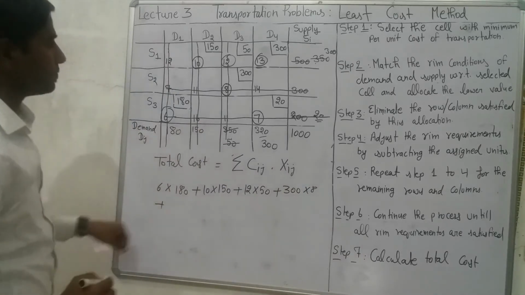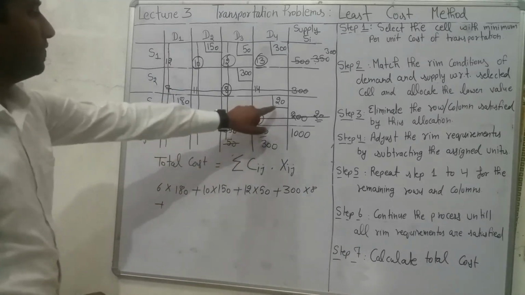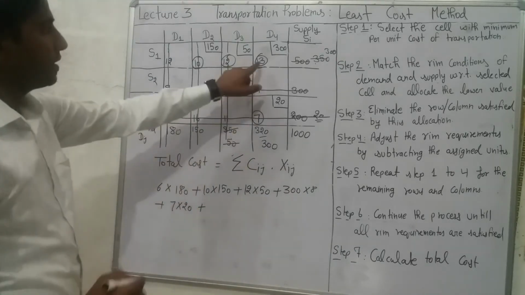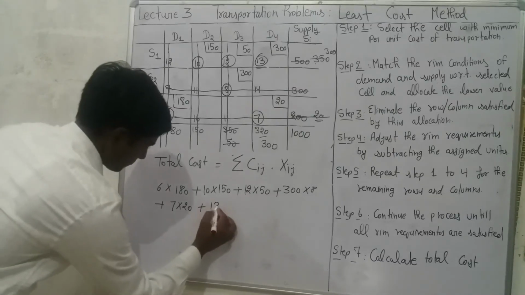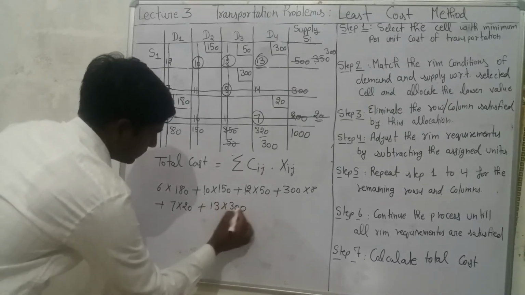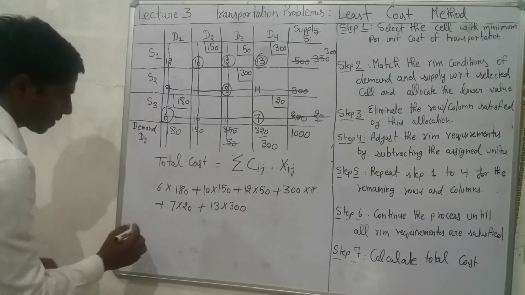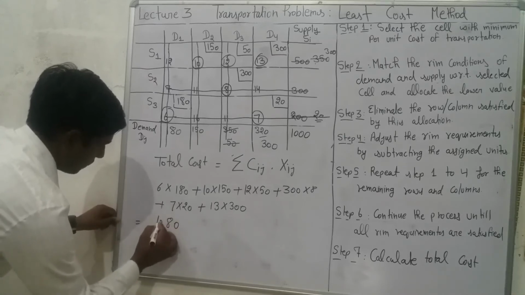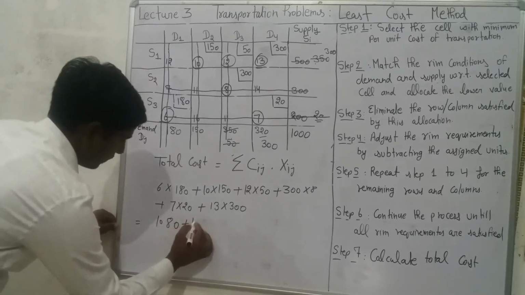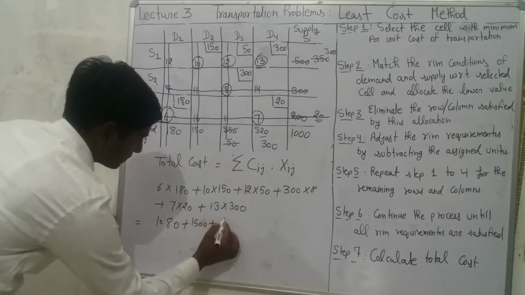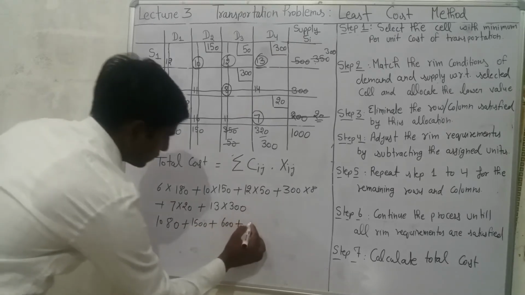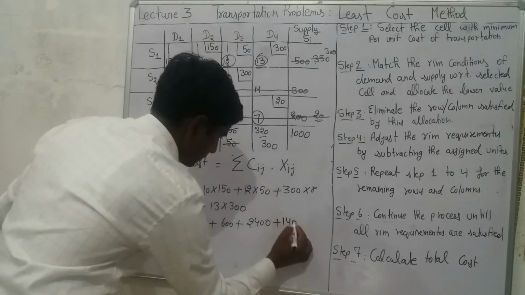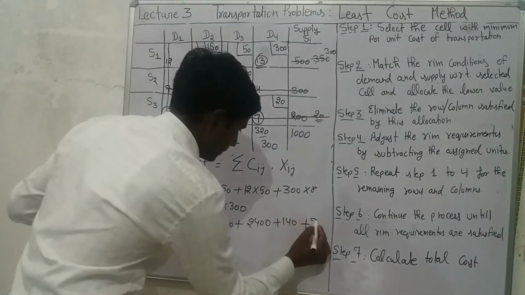plus 7 into 20 plus 13 into 300. So total cost would be equal to 1080 plus 1500 plus 600 plus 2400 plus 140 plus 3900.